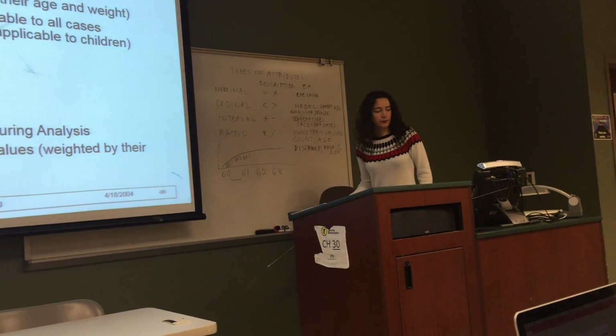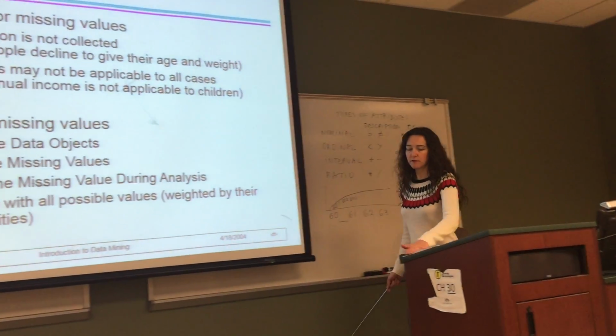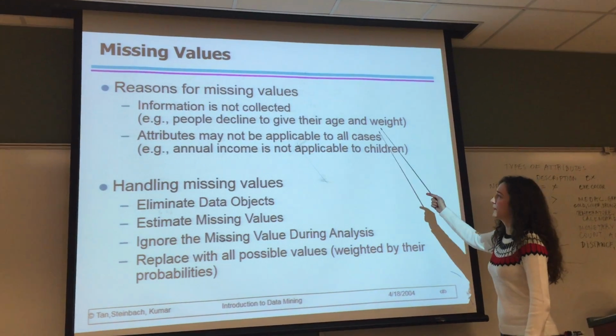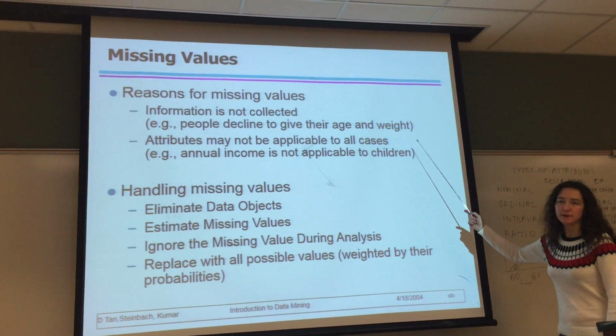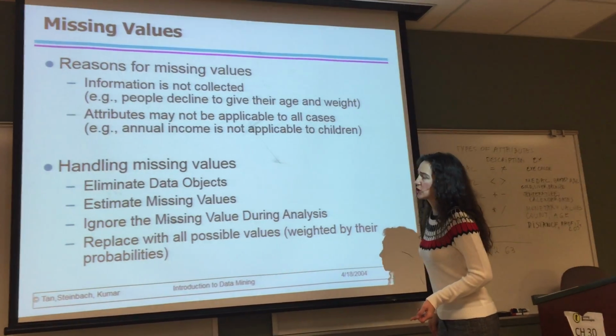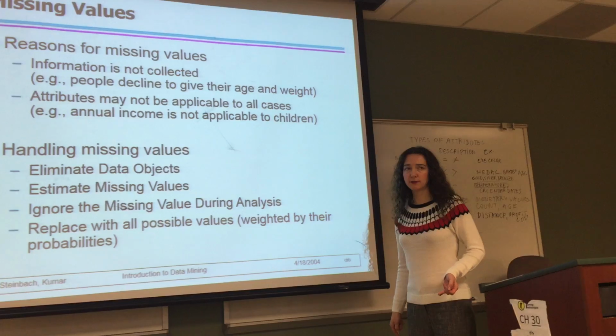So why do we have missing values? Reasons is very similar. Because people don't want to give their information. So either they didn't give it, or they gave incorrect information. The reason is the same. They don't want to provide it.